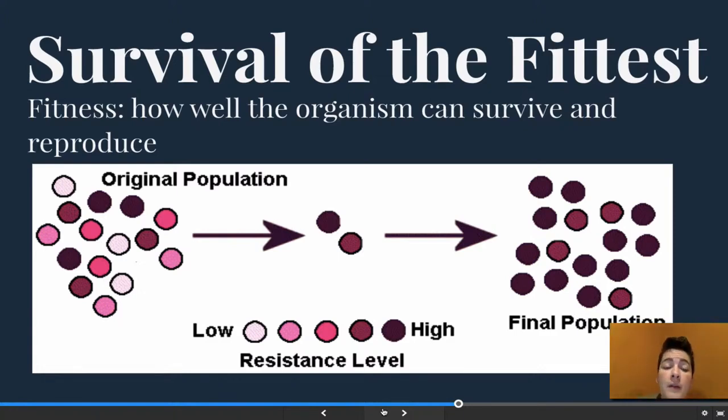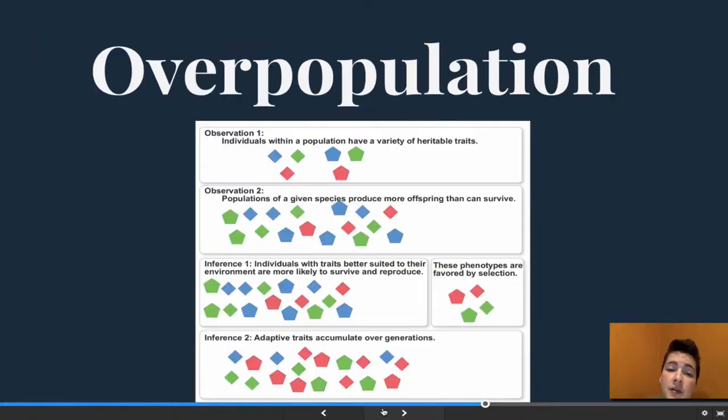And then we have overpopulation. We have individuals that have a variety of traits. The population of a given species will produce more offspring than can survive because of the variations. Those traits that are better suited for the environment are going to survive and be passed on, and those traits that are less suited are going to start to die off and not be passed on.